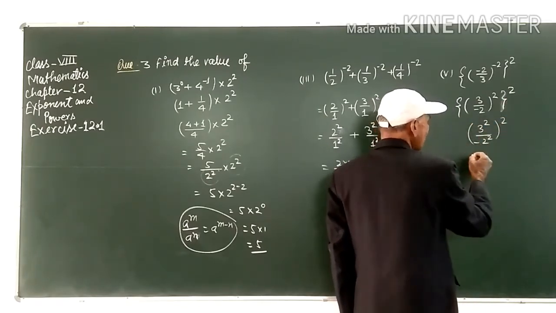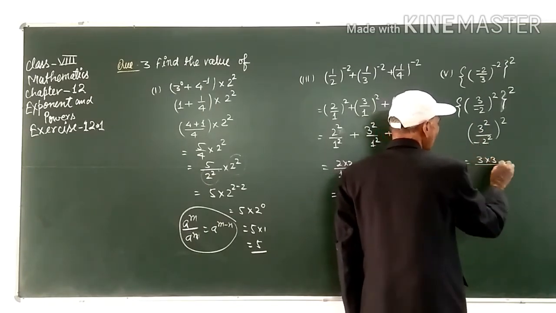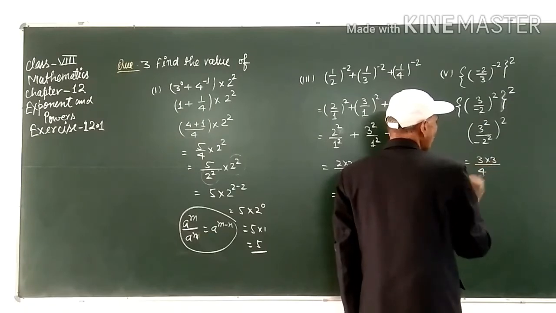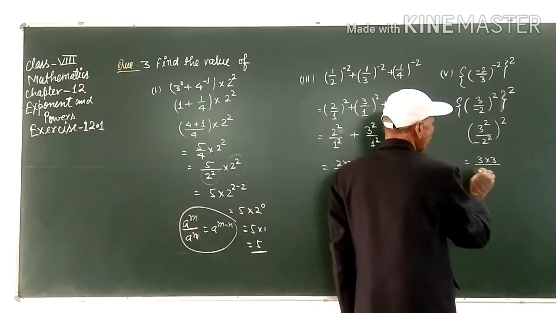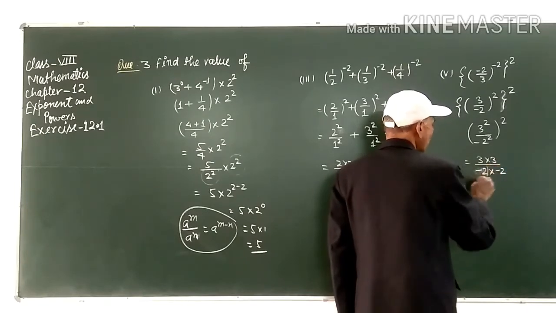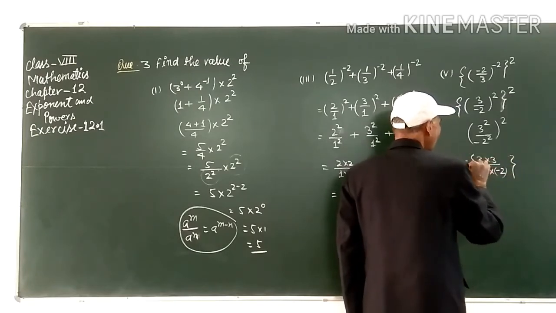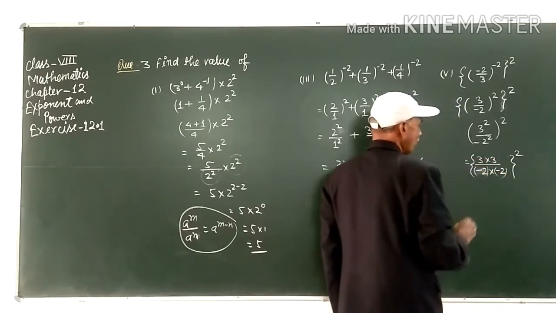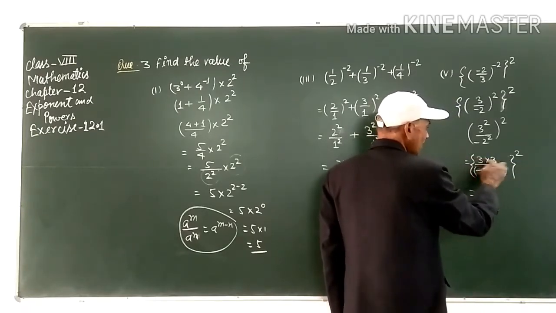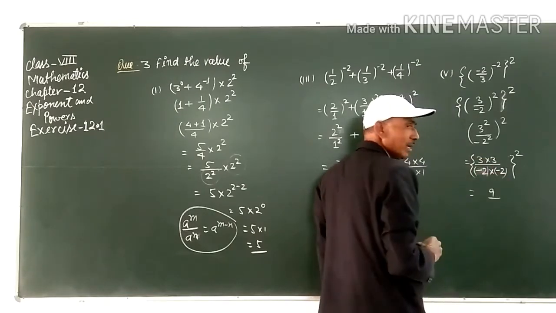So this one will be, students, 3 into 3 upon minus 2 into minus 2 and this whole power 2, and this one will be 3 3s are 9 and minus into minus will be plus.